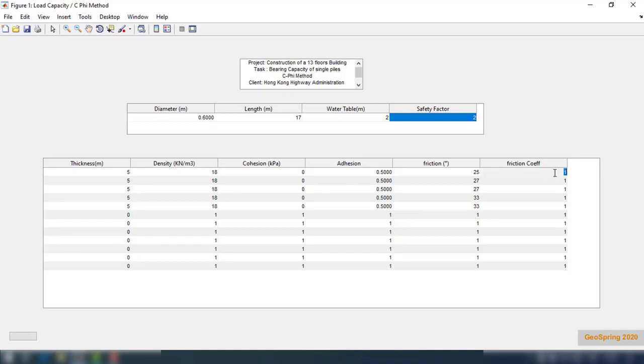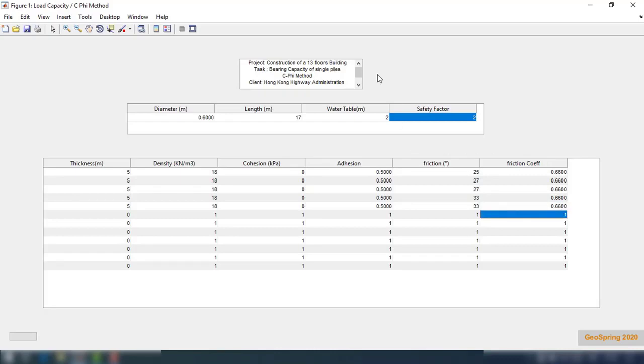Here the friction coefficient, which is equal for the case of bored piles to 0.66, and such a coefficient varies between 0.3 and 0.75.